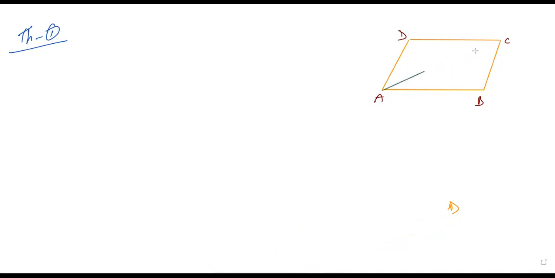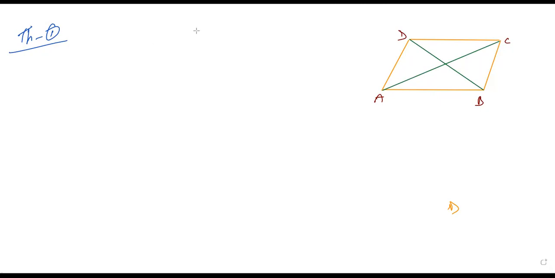We will observe there are two diagonals. One diagonal is this and another diagonal can be drawn from the other side like this. It means that the diagonals are bisecting the parallelogram into two equal halves. Either we talk about AC or we talk about BD, that will divide the parallelogram into two equal halves.